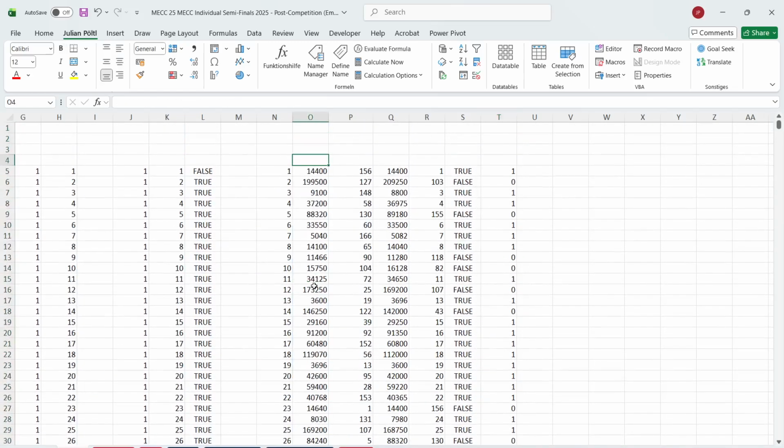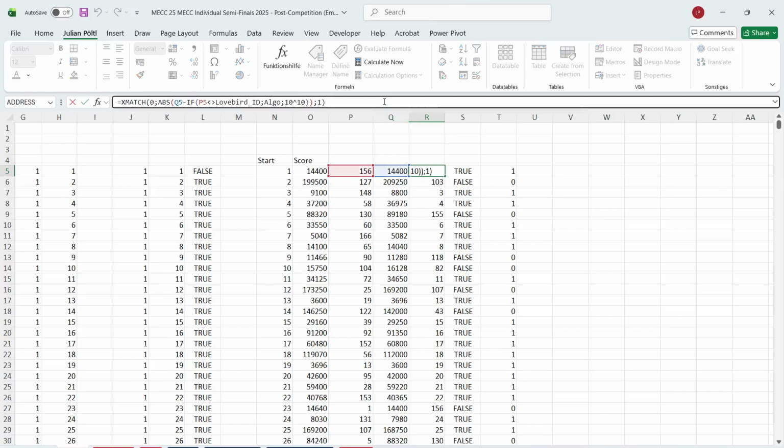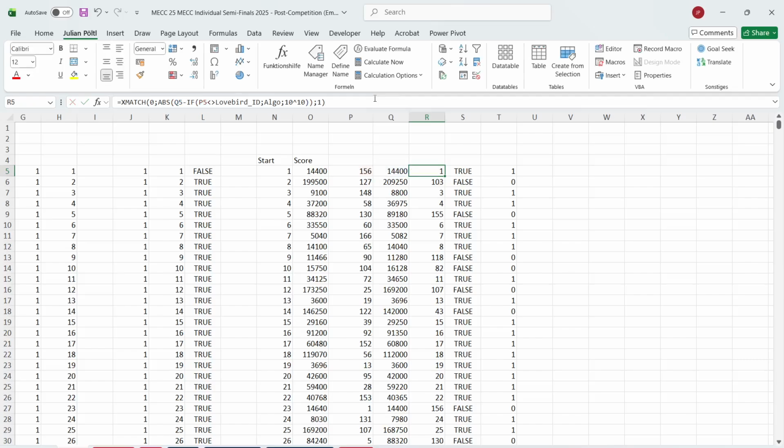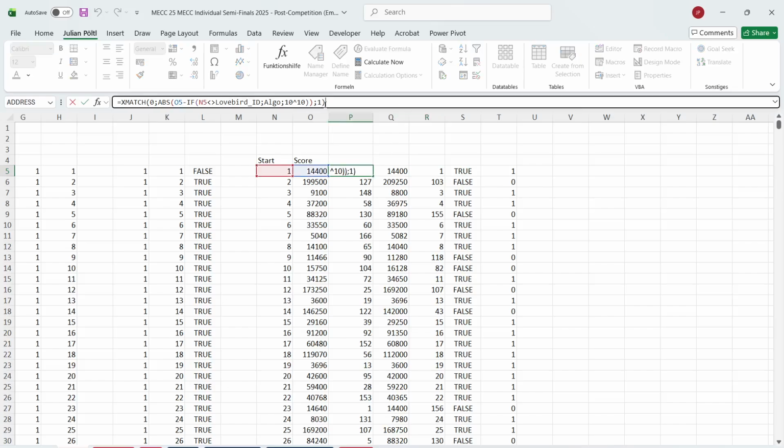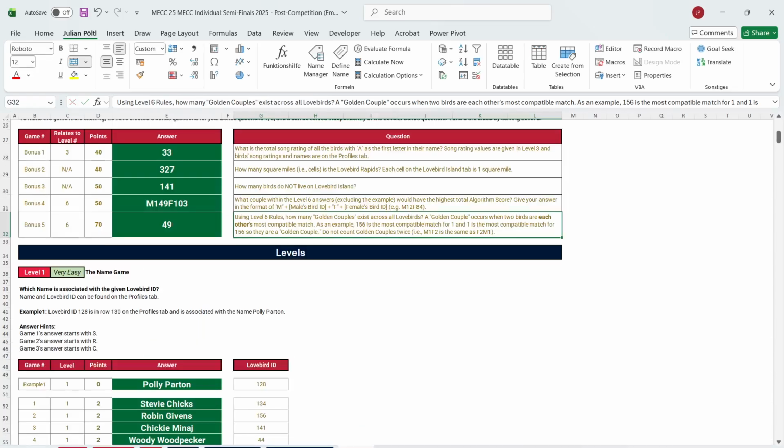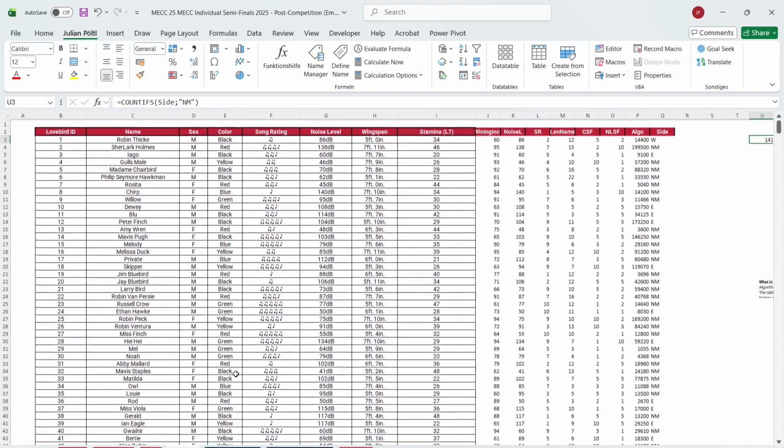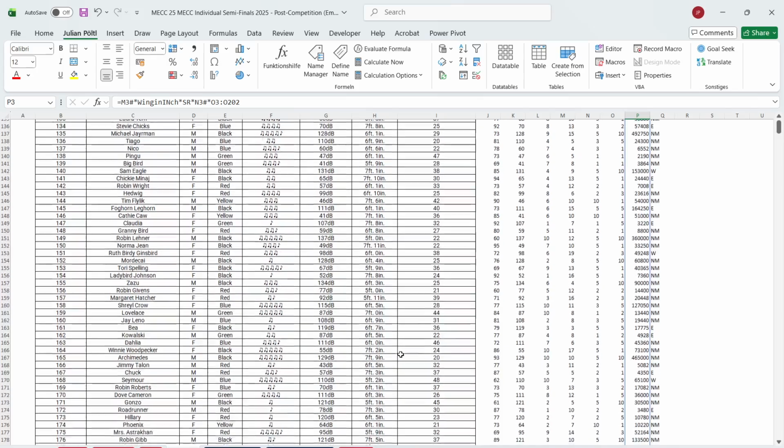Let's find out. Okay, I have my algorithmic score. Start score. And this is the perfect match for 1. One is 1/4.